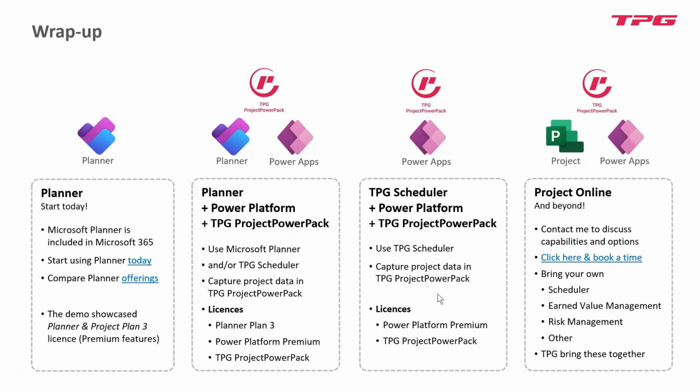We can help you migrate and use Power Apps to capture your risks, issues, and reporting and the like as well. So absolutely bring your own scheduler, bring your own best of breed capabilities, and continue to utilize what's great around Project and Planner and everything that you need to help manage and deliver your projects.